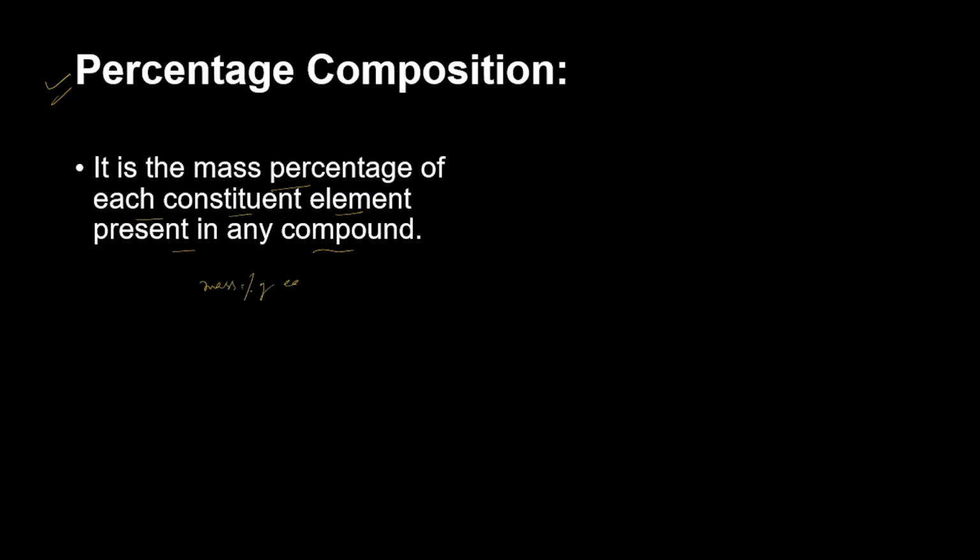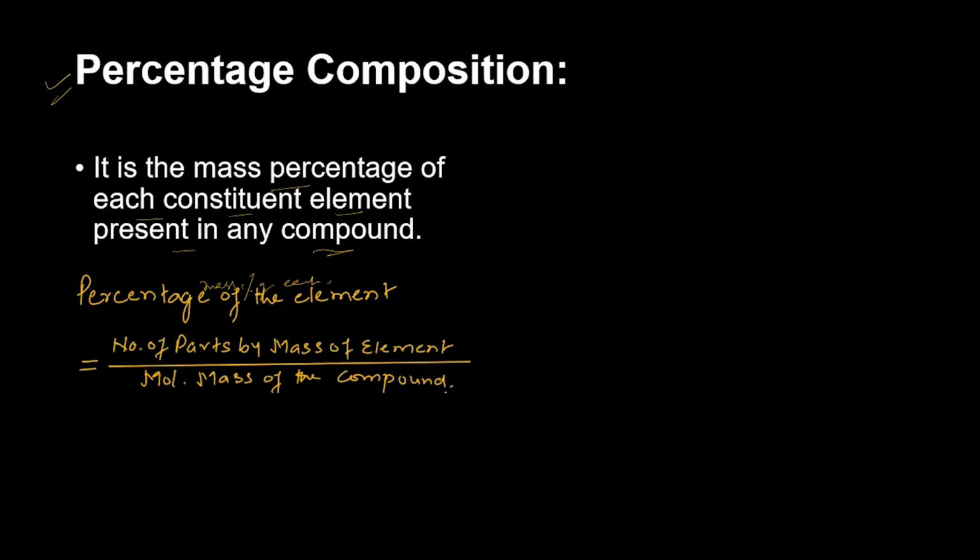So we can write the mass percentage of an element as the number of parts by mass of the element divided by the molar mass of the compound.